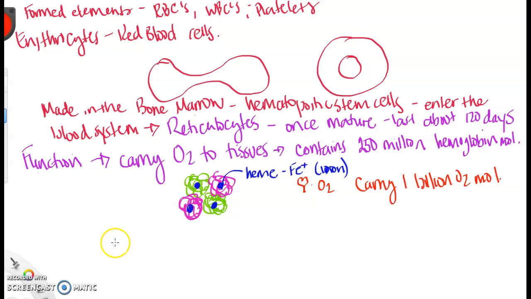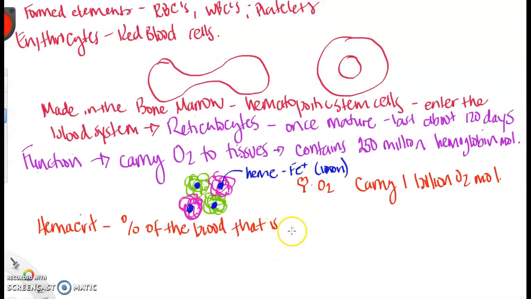So we have something that we do, and that is, you may have gone to the doctor and they assessed your hematocrit. And the hematocrit is the percent of the blood that is actually red blood cells.